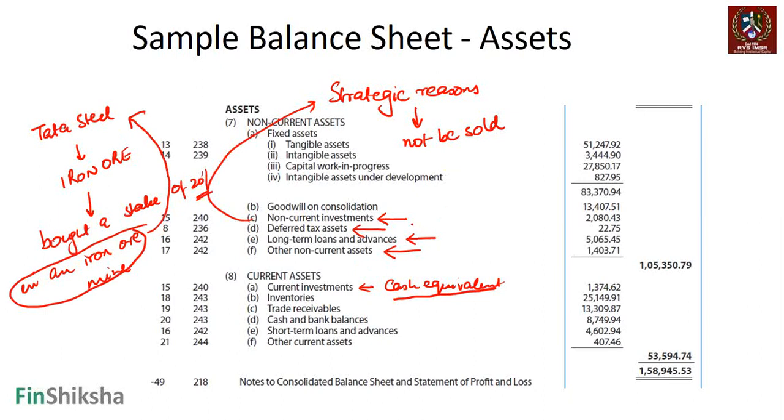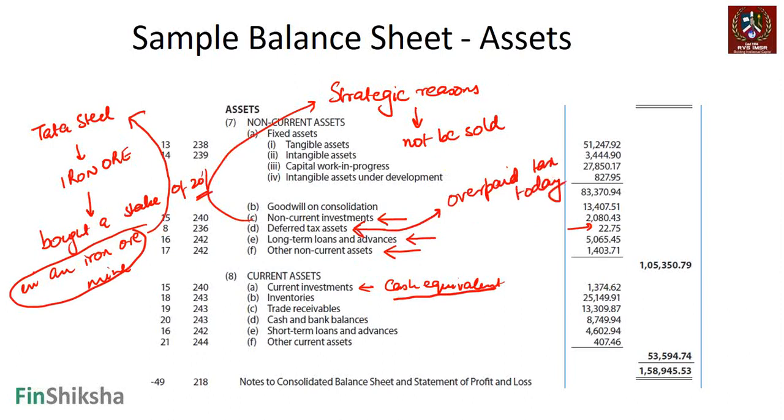Then we look at something called deferred tax assets, right? These are assets which basically come because you have already paid tax on something and you are going to probably enjoy the benefit next year, right? So again, something that is more complicated to be learned at a later point of time, but deferred tax asset is coming because you have overpaid tax today, right?